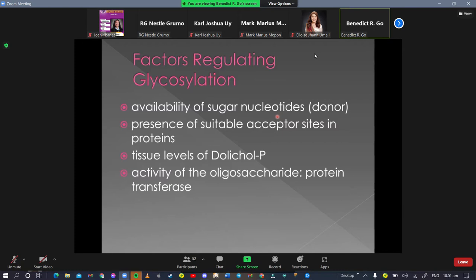So you're partly correct, Carl. Presence of suitable acceptor sites in the protein, tissue levels of dolichol P, and the activity of the specific oligosaccharide protein transferase. So this is just the generic oligosaccharide protein transferase. We don't have to go into the details of each specific enzyme, but just be familiar with these factors. Those are all in Harper's.